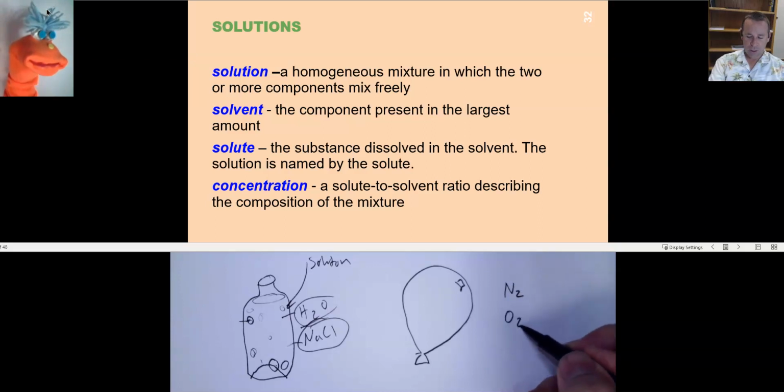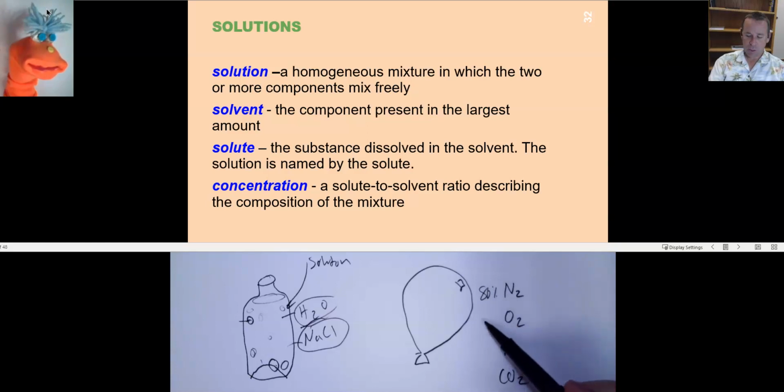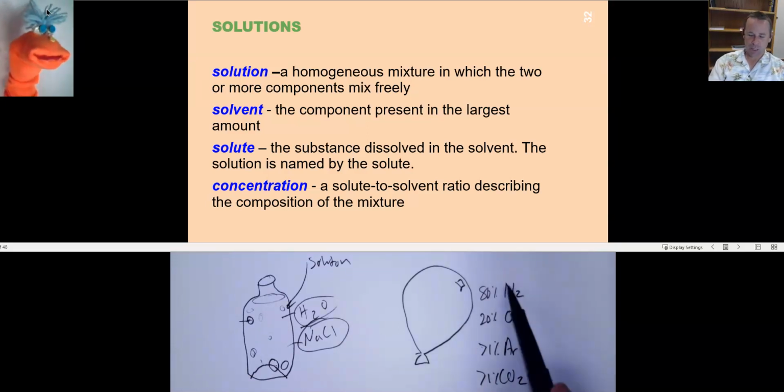So nitrogen gas, oxygen gas, argon, carbon dioxide, those are the four major components, right? 80% nitrogen, 20% oxygen, less than 1% of anything else, right? Just very, very small amounts of the rest of the stuff. So, what's our solvent in air? Oh, is it the nitrogen? That's right, because it's in the highest concentration. What are our solutes? Oxygen, argon, and carbon dioxide.